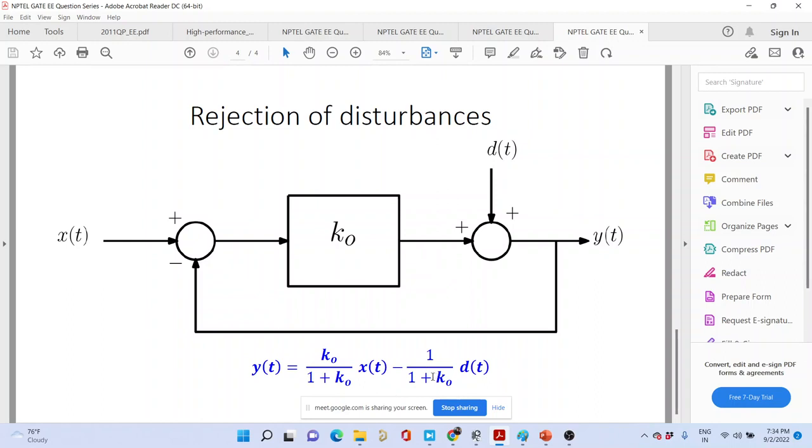If I can ensure that k0 is very high, then this disturbance can be neglected or rejected. However, if the disturbance is not at this point but at the sensor, then you have a problem. Then the output and disturbance relationship would be the same as the output input relationship. In that case, your disturbance will not be rejected. So the place where the disturbance is occurring is very much important for designing your system.